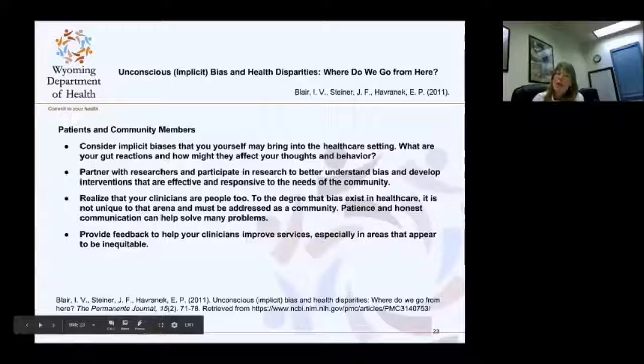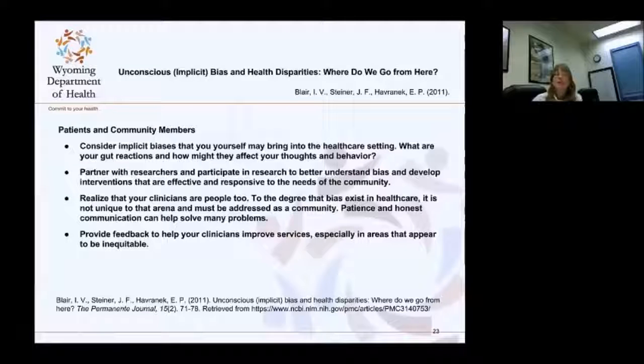And if you're a patient or a community member, consider implicit biases that you yourself may bring into the healthcare setting. What are your gut reactions and how might they affect your thoughts and behaviors? Partner with researchers and participate in research to better understand bias and develop interventions that are effective and responsive to the needs of the community.